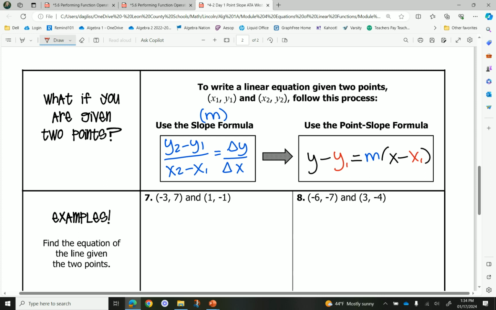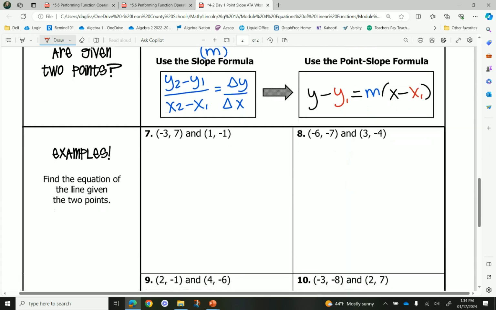So on the back, we're going to have to do everything we just did, and you were excellent at it. We're just going to have to find slope first. So we're doing like a little pre-step. We have to find slope.